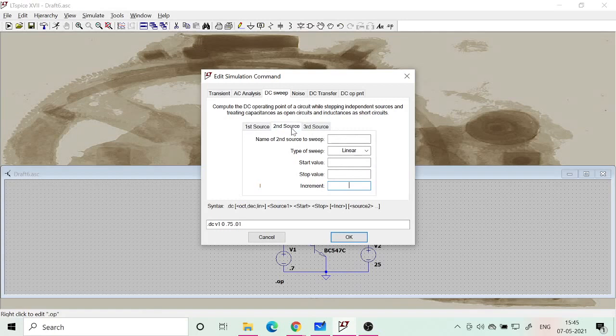Then the second source V2 you vary from start 0 to say 10, in steps of 5. So out of this 3 curves will come now, one for 0, another for 5, and another for 10.